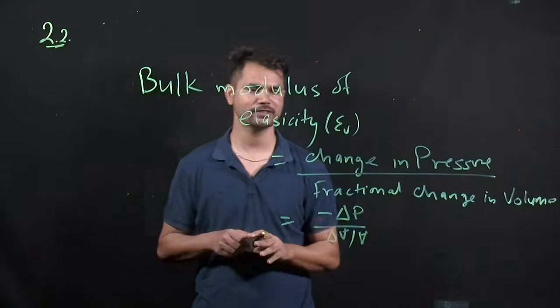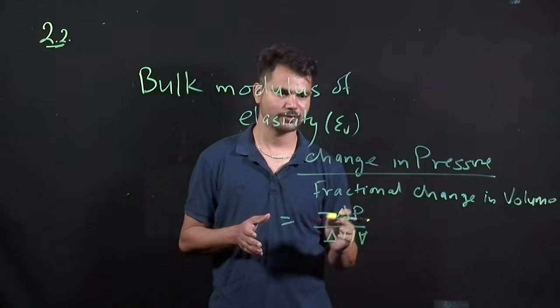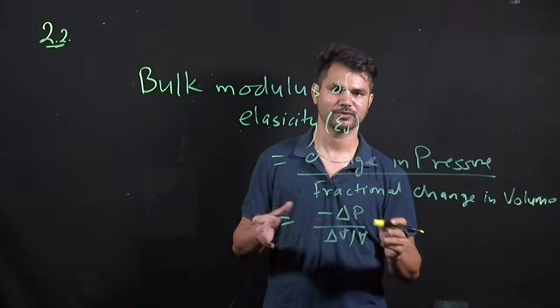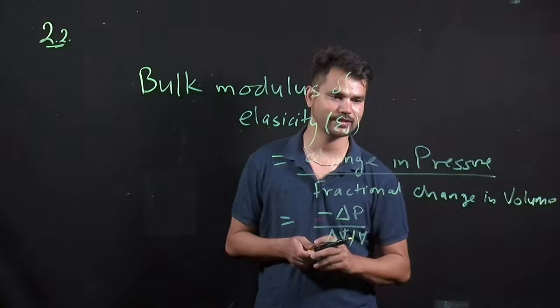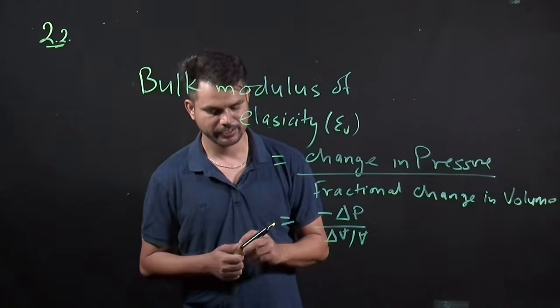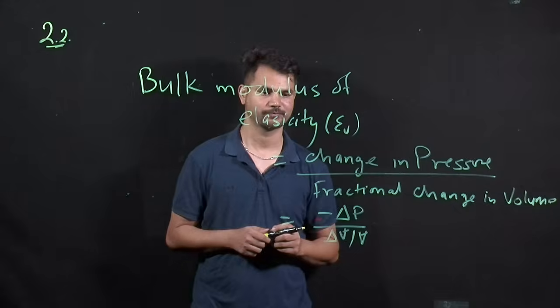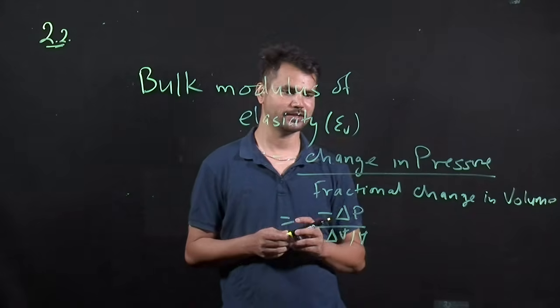From this equation, I want to emphasize one thing: bulk modulus is used to quantify the degree to which a liquid is compressible. So this all helps us to find the compressibility.